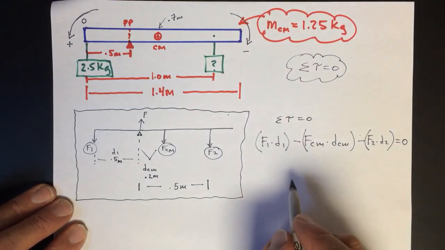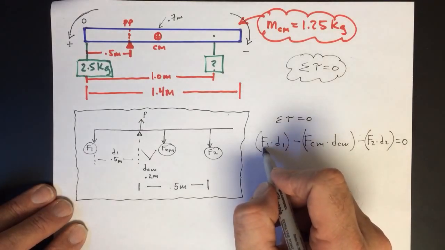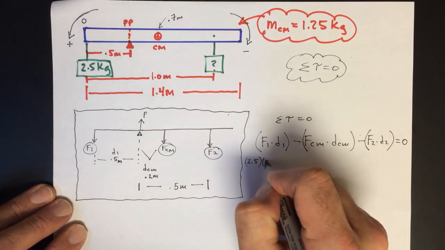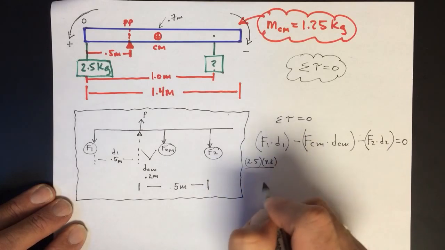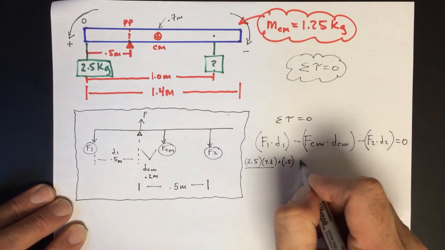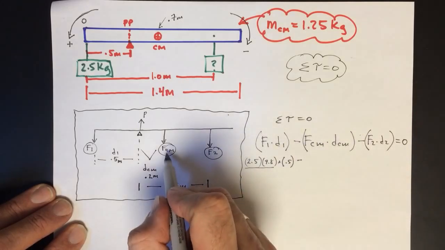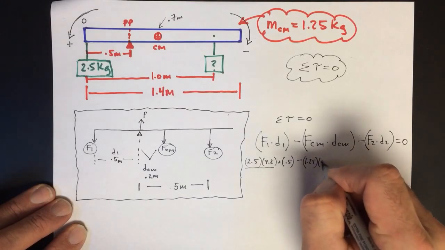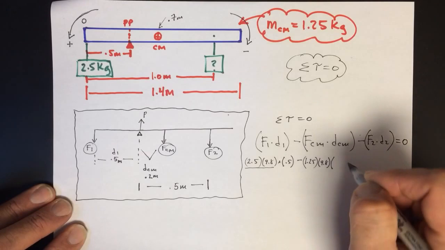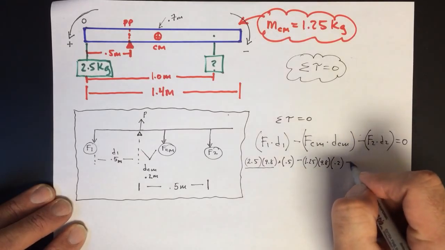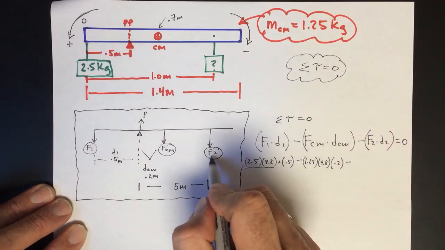Okay, so let's start plugging in some of these numbers. So F1 is going to be 2.5 times 9.8, right? That would be F1, the weight, times D1, which is 0.5, minus FCM, which would be 1.25 times 9.8 times 0.2, and that's a negative torque, minus F2.